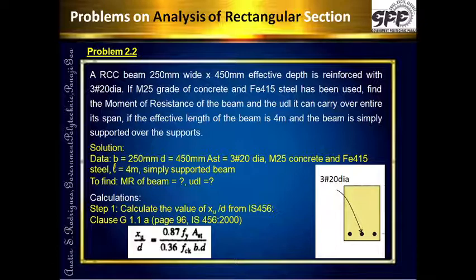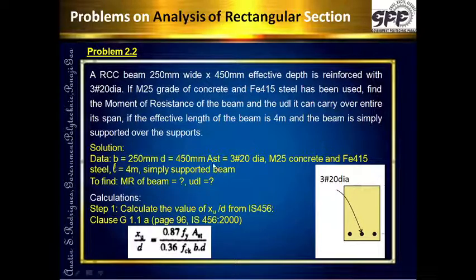The number of bars will be given and the diameter will be given. Now when the number of bars and the diameter is given, it can be the same bar with a number of bars, or it can be a combination of different diameters. So it can be either the same diameter with different numbers, it can be 2 bars, 3 bars, whatever, or it can be a combination of 2 different or 3 different diameters and the number.